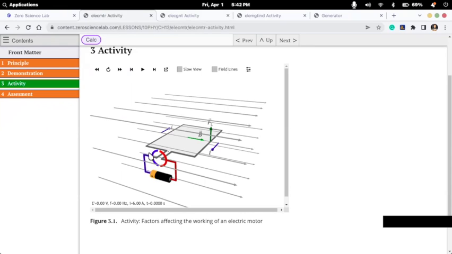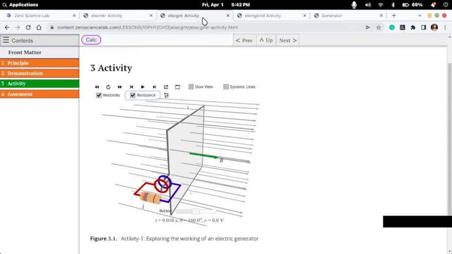Means we are supplying some current through the coil, right? Yes. Okay. What is this one? This is called resistance. In electric circuits, we discussed about it. Yes. This is the resistance. Here we just connect some resistance between the ends of the coil, right? Yes, sir. So we are not supplying any current, right? Yes, sir. Okay.